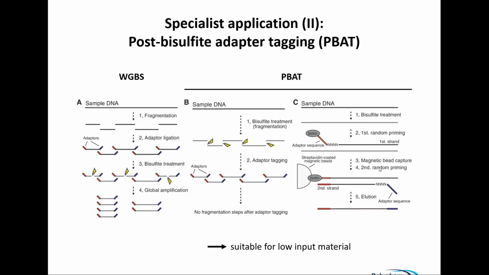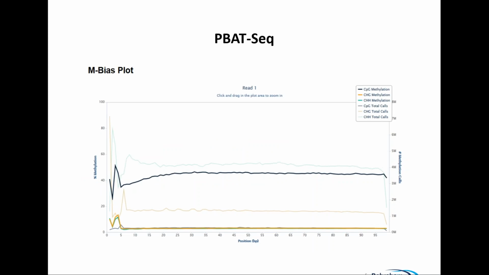And if you want to know how the details are, this is done by using first strand random priming, in the original paper with 4 nucleotides. These days people use 6 or 9 base pair primers, pull this down with biotin, and then perform a second strand random priming and second strand synthesis as well. And this is how you then get the fragments with both adapters on it.